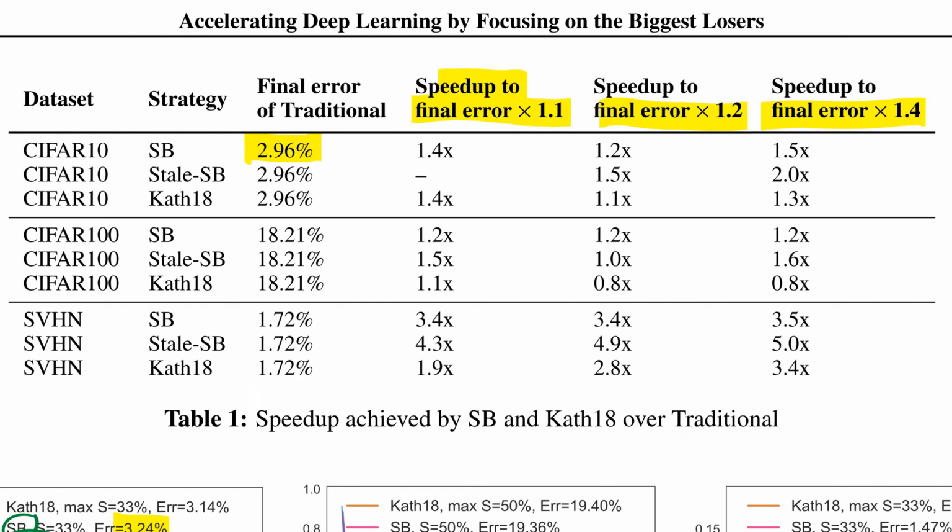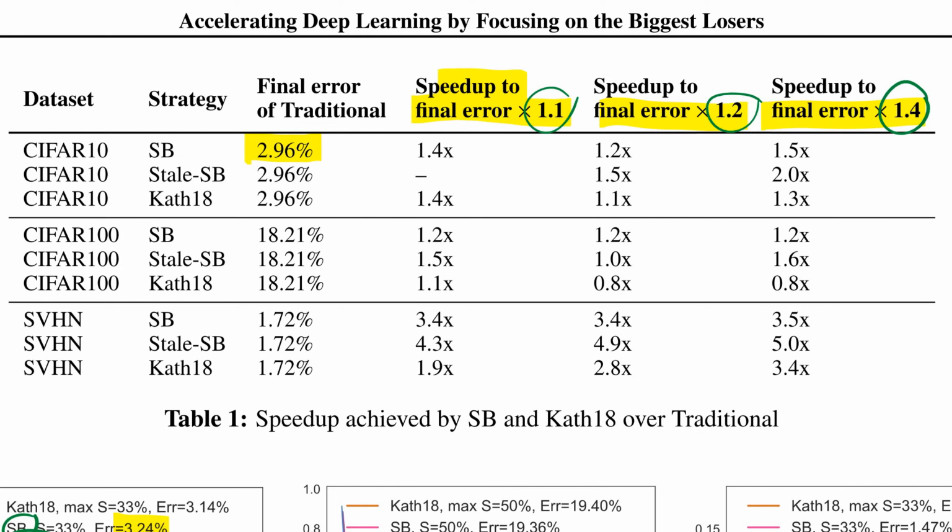Now, of course, reaching 1.4 times the final error is easier, but it's also easier for the traditional model, of course. So that's the catch. But these are the benchmarks they chose: how fast are these models in reaching 1.1, 1.2, and 1.4 times the error of a traditionally trained model.